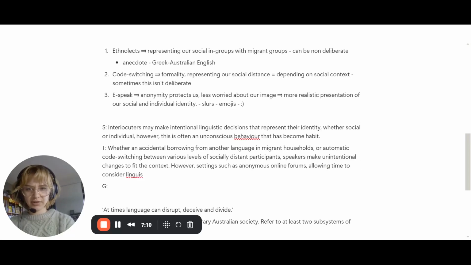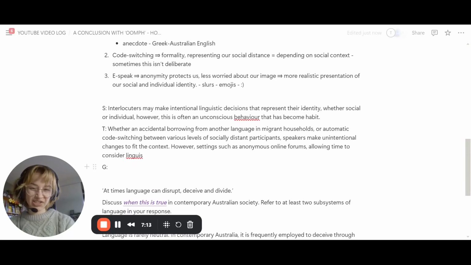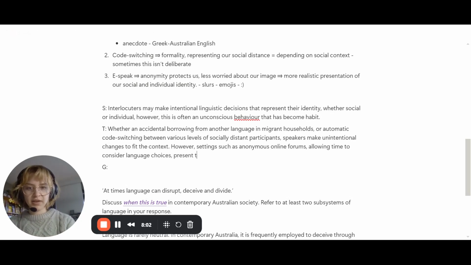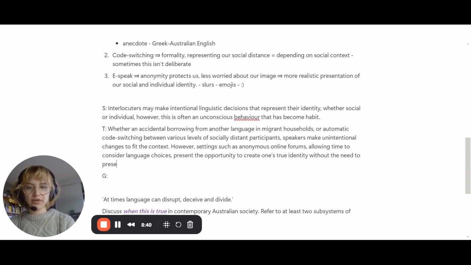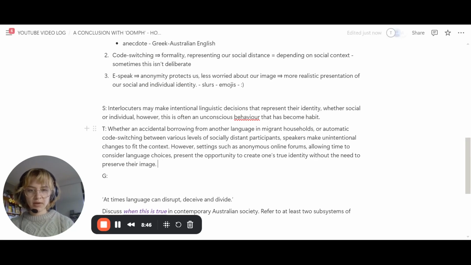Have I already said linguistic choices? Linguistic decisions. Consider language choices. Allowing time to consider language choices present the opportunity to create one's true identity without the need to preserve their image.